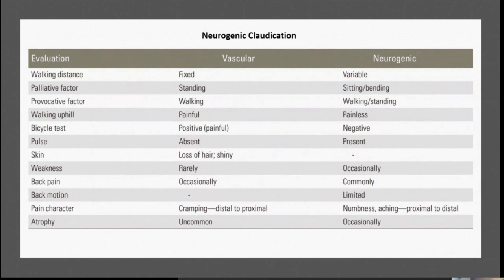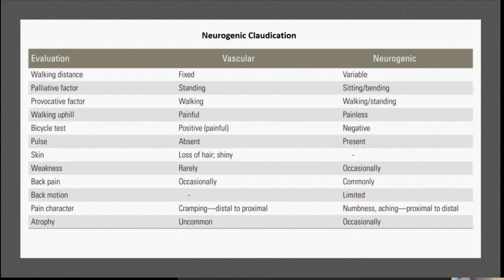They say they can walk for a long distance, because once they bend forward, the thickened ligamentum flavum will be stretched, and this will give more space in the lumbar canal stenosis and give more chance for the nerve to breathe. A similar thing will happen when they cycle.